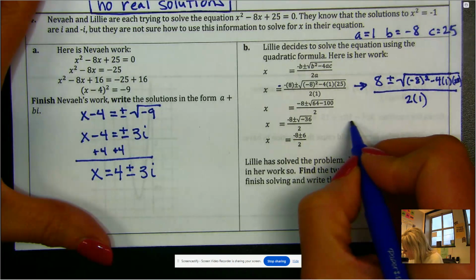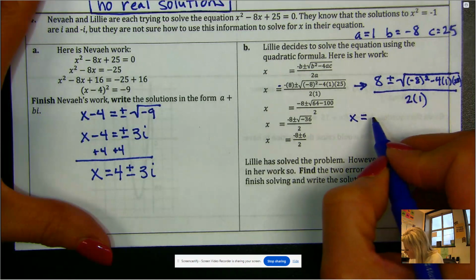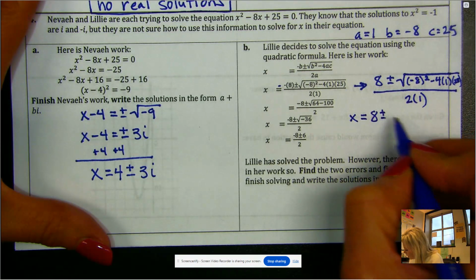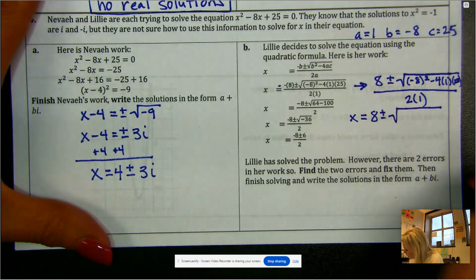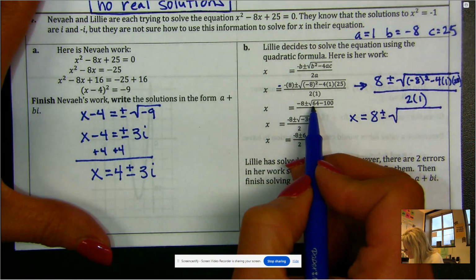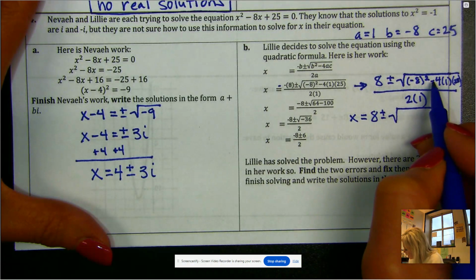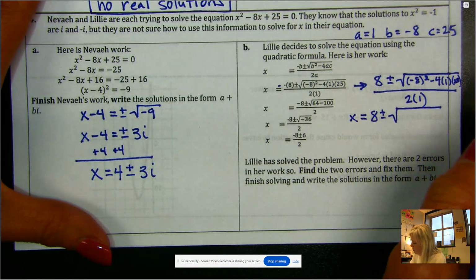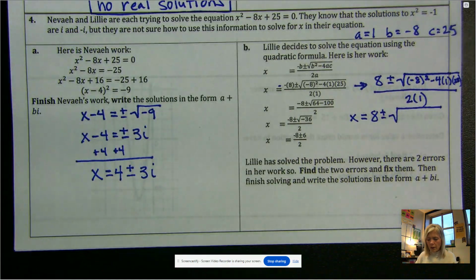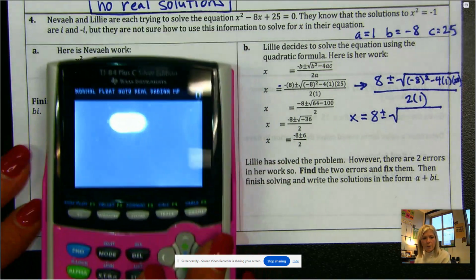So now, after I do some simplifying, I have 8 plus or minus the square root. And I think this step is good because this is 64 and this is 100. But what happens here a lot of times is that we get messed up at that particular spot.